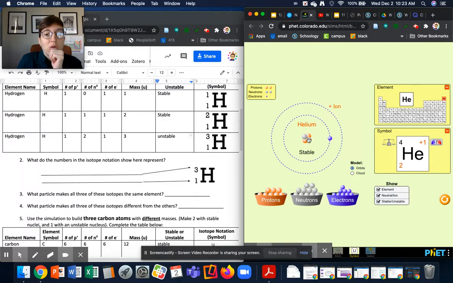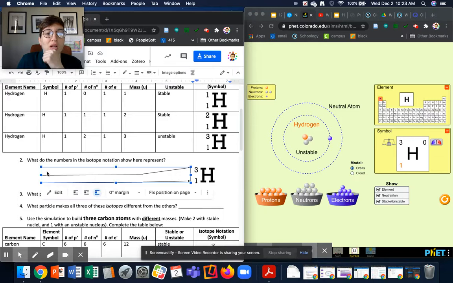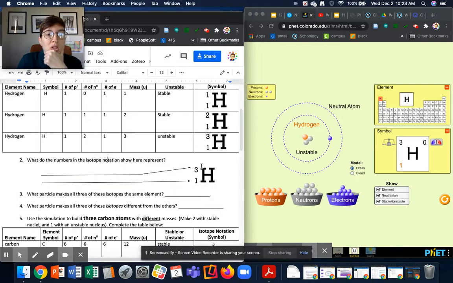So if we have 2 protons and 2 neutrons, we have a total of 4. We have 1 proton and 2 neutrons, we have a total of 3. So the numbers here, the top number, the mass number, is the amount of protons plus neutrons.